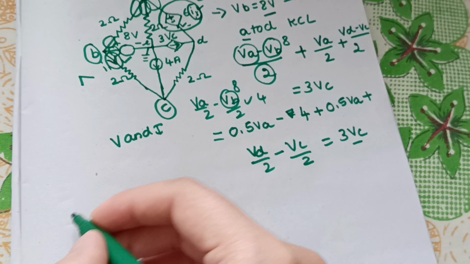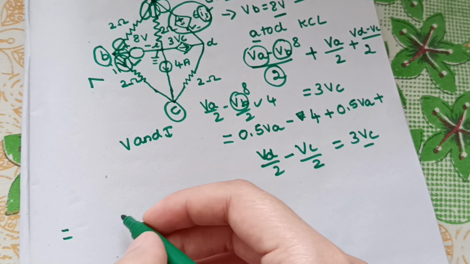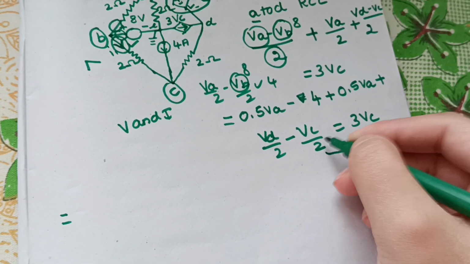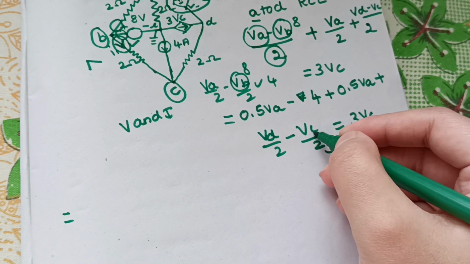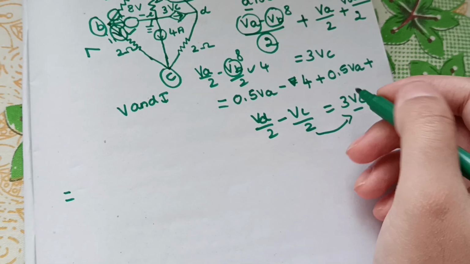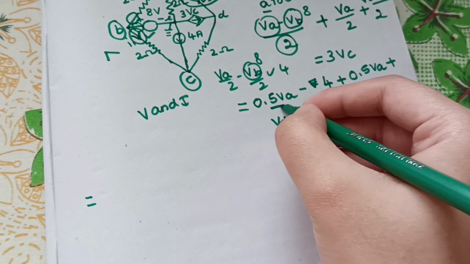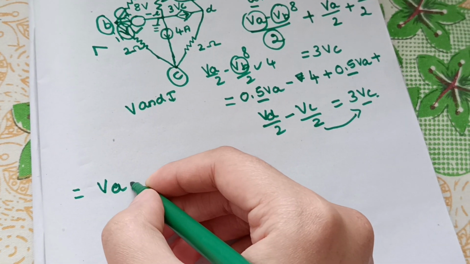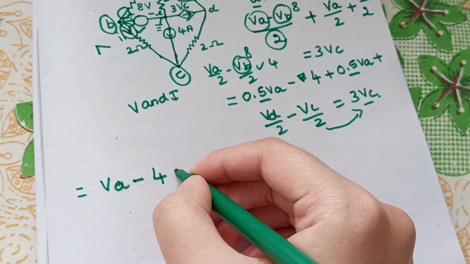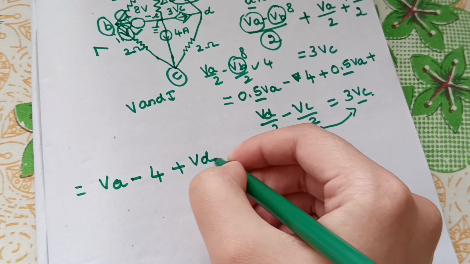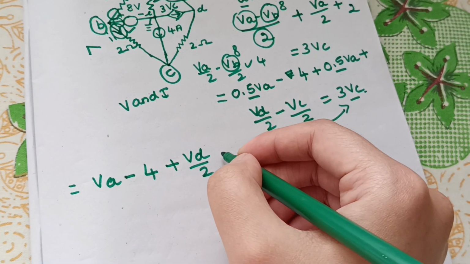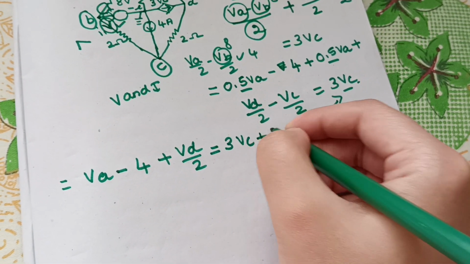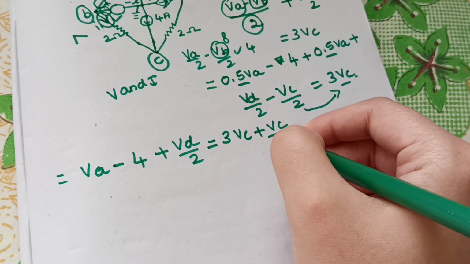Fine. So now the next thing you're supposed to do is shift this to this side. This is Vc, and here also it is Vc, so we are going to shift it to this side. If I do that and simplify, 0.5 plus 0.5 is equal to Va. Right? It is Va minus 4 plus Vd by 2, which is equal to 3 Vc plus Vc by 2.